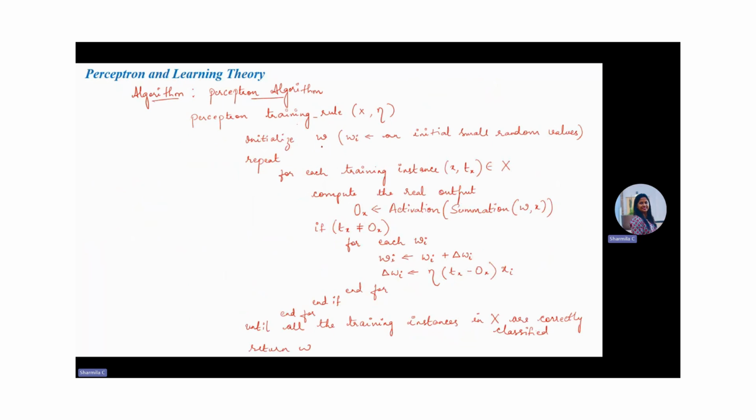Then initialize W. Initially, whenever we have a perceptron, the weight values will not be given. So we can assume some random values as the initial weights for the inputs.